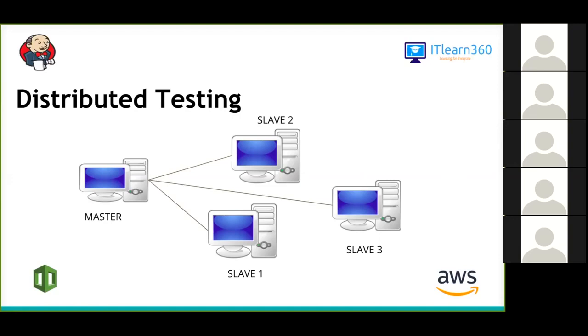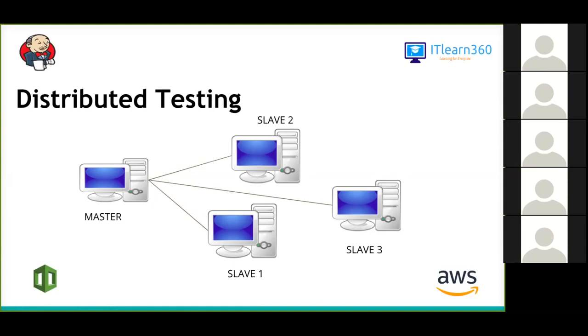It will reduce the load on my master machine, that is this parent machine here, and the execution will be faster because the load is distributed among different slaves. So overall, distributed testing is a simple term where you distribute your testing work. You divide it into different subtasks, distribute it on different machines, and execute it in order to save your time and to distribute the load.